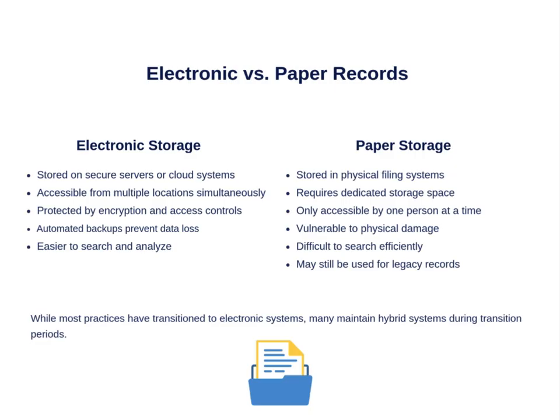It has automated backups, encryption, and controls for confidentiality. Whereas paper records are physical, and they require a dedicated space to store those records. And then there's limited access. One person at a time can hold the chart, and it can be somewhat tedious.